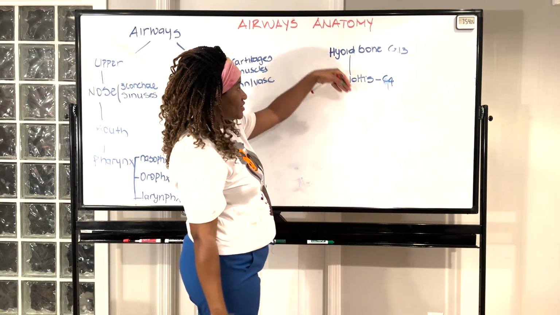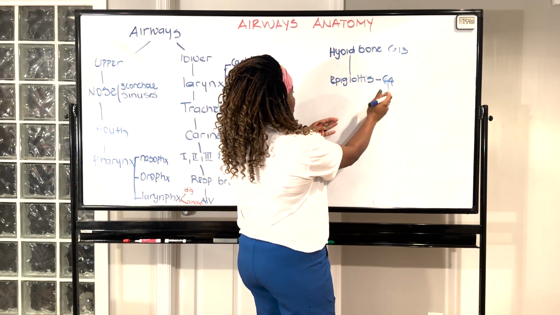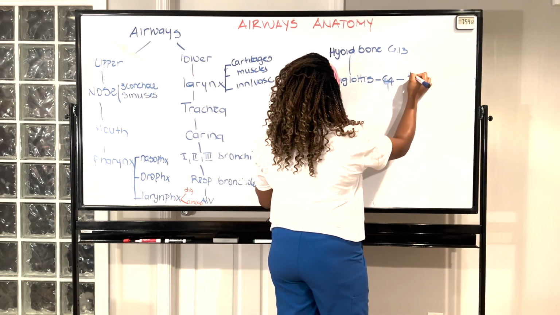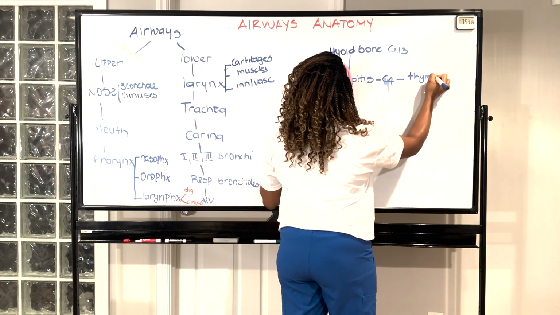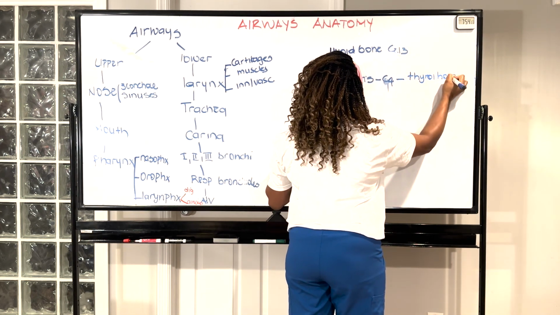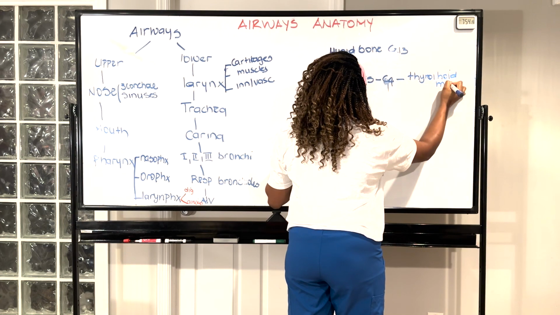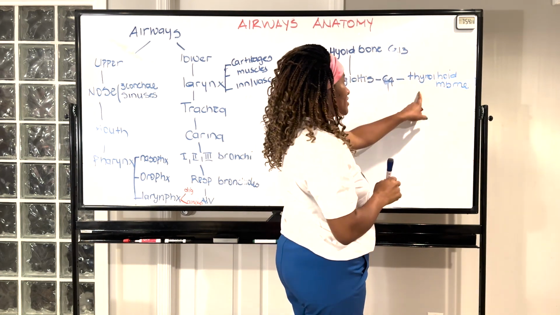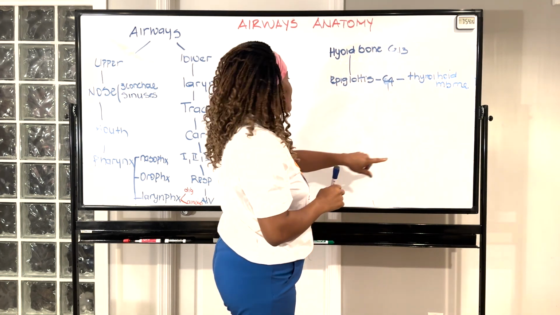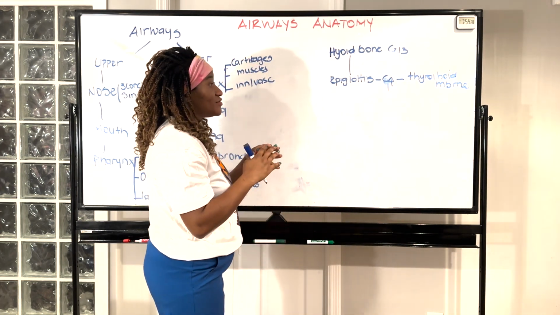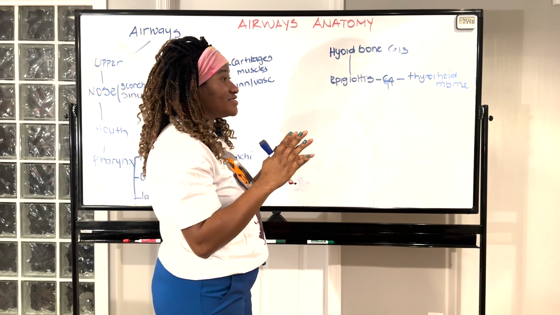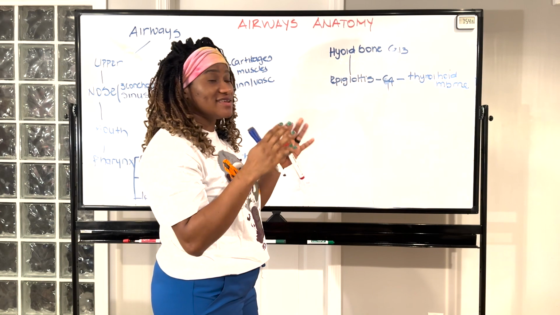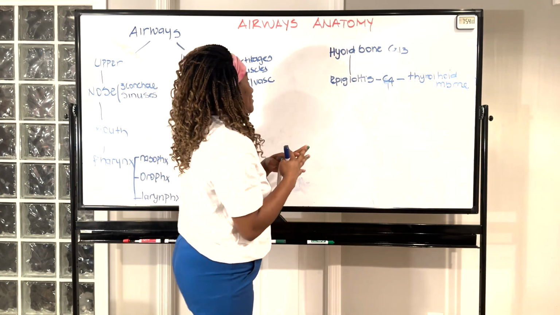Now, behind your epiglottis, still at the level of C4, you're going to have the thyroid membrane. This membrane is important because this is where the muscles, arteries and nerves go in and innervate the larynx. We're going to talk about them later.